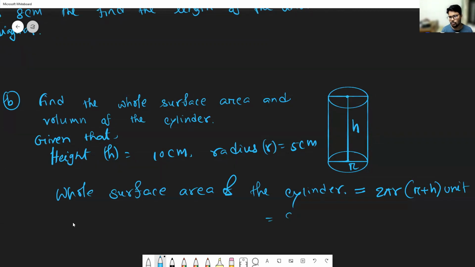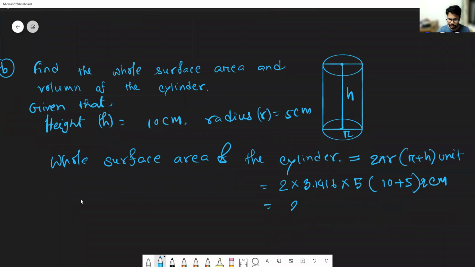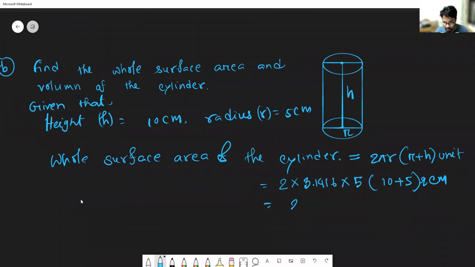Now put their values here: pi means 3.1416, multiply r means radius, so radius is 5, here 10 plus 5, all are centimeter. So area means square centimeter. Now do the calculation. Directly you can write the answer: 471.24 square centimeter. This is one part of the answer.